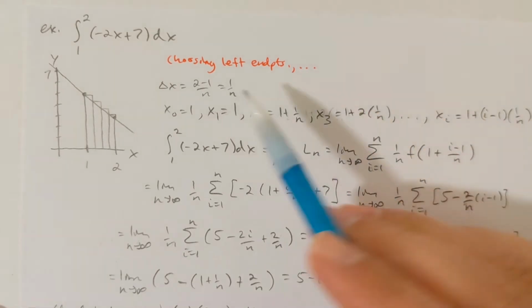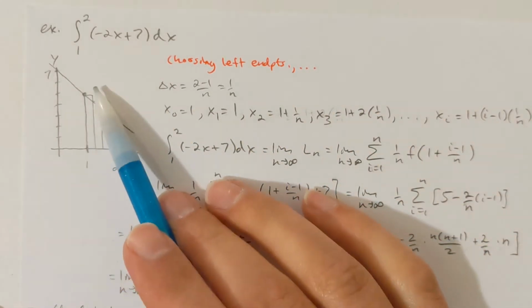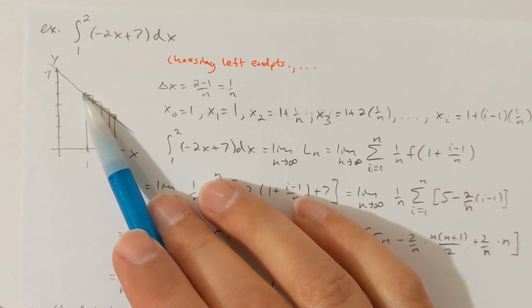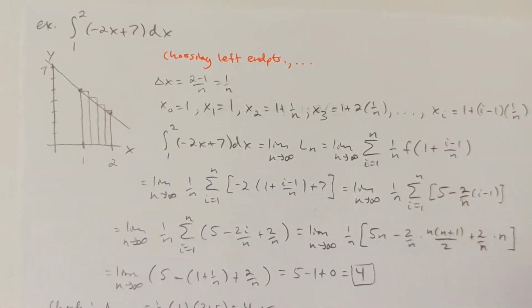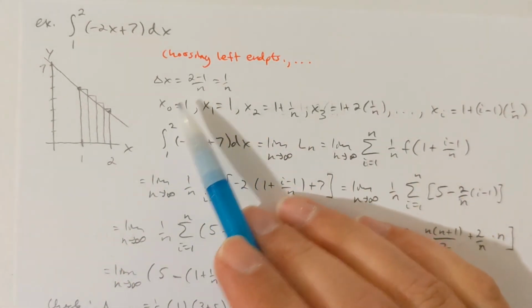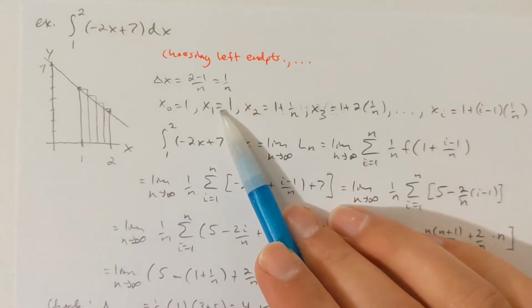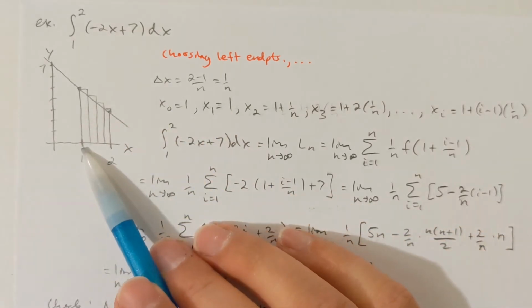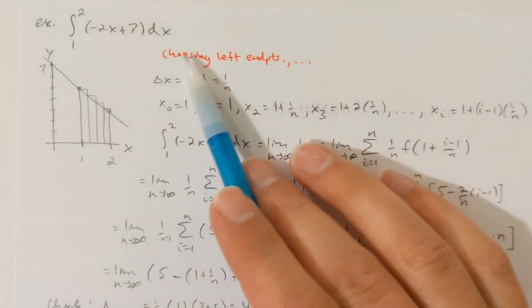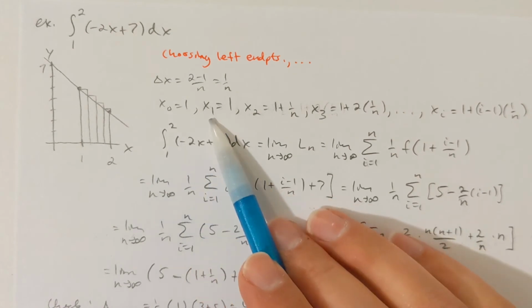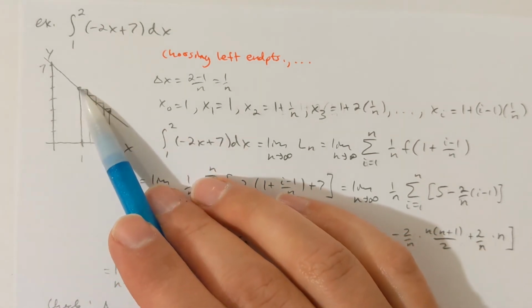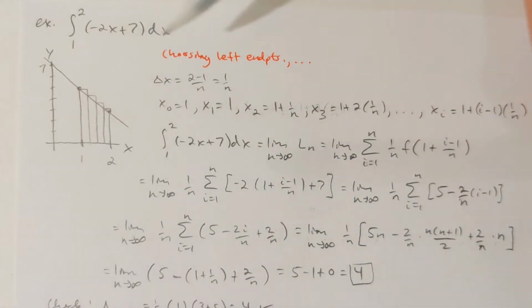I'm using left endpoints, and so I've drawn a couple of rectangles there where the left endpoint is touching the curve. x sub 0 is always your a value, which for us is 1. x sub 1 is going to be the first left endpoint, which is also when x is 1. In the case of left endpoints, x sub 0 and x sub 1 will always be the same, since your left endpoint is also going to be at your start point.